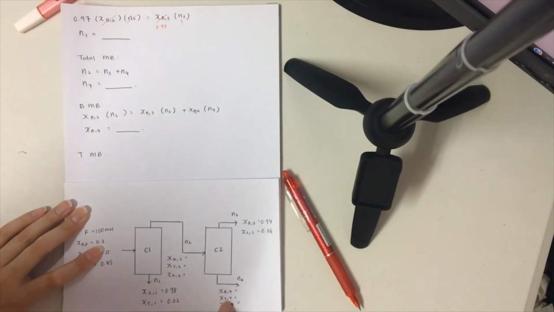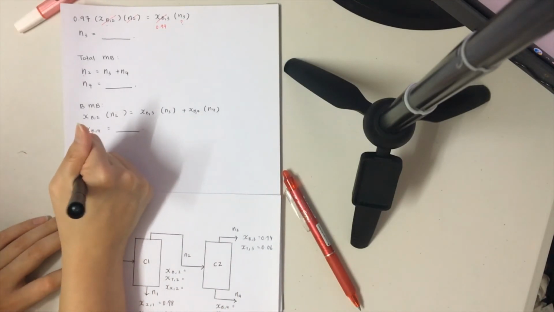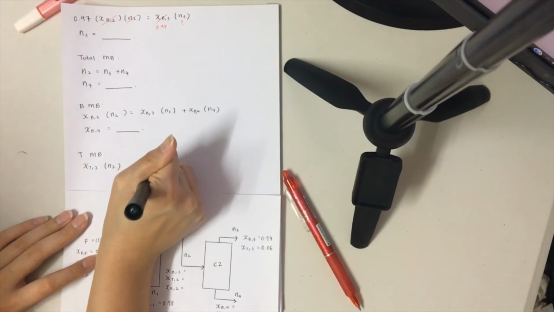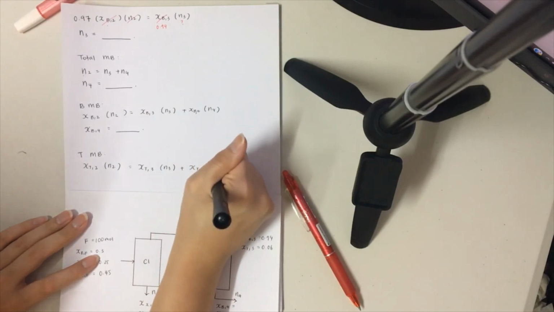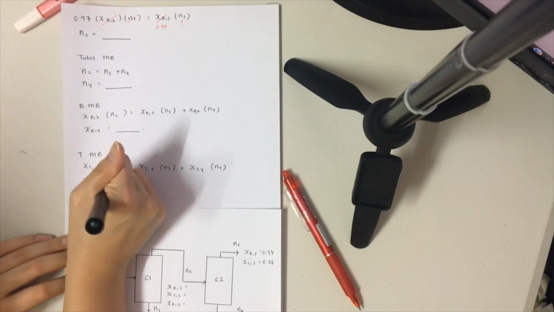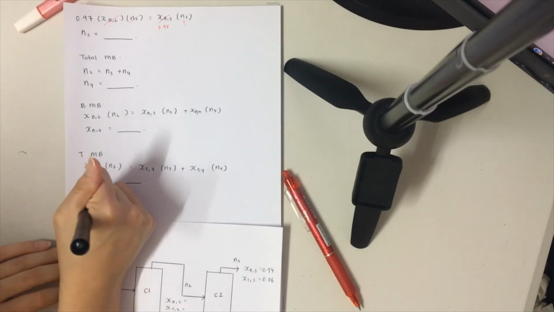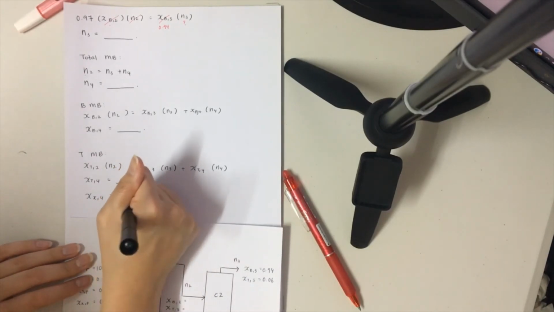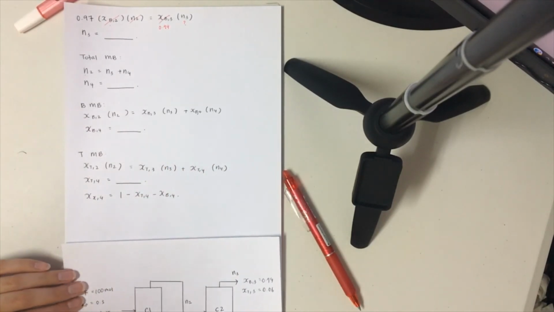T, you have one here, and one here. You already have the specification for this. So xt2 N2 is equal to xt3 N3 plus xt4 N4. And you can find xt4. To find xx4, same, 1 minus xt4 minus xb4.